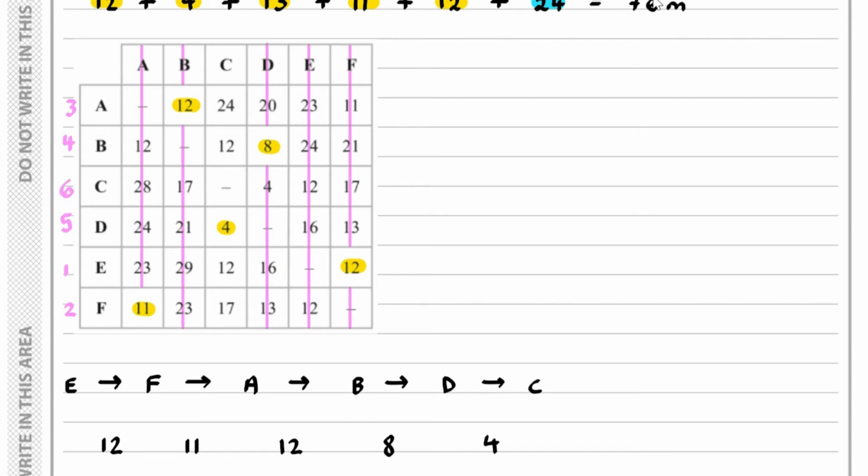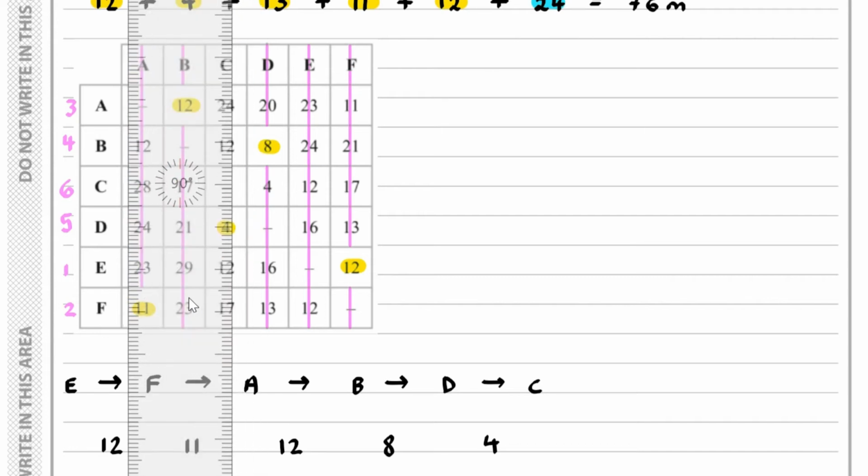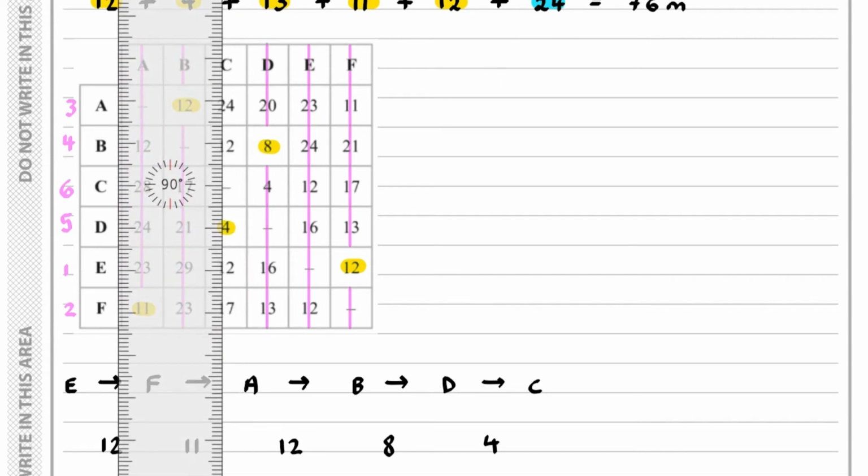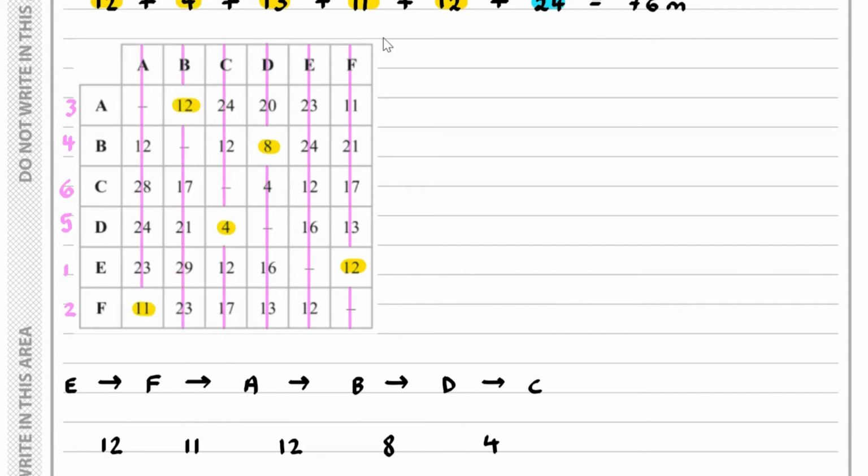And now that we are at C, we delete the column containing C. And then we look across C because we want to get back to E. And that's 12.